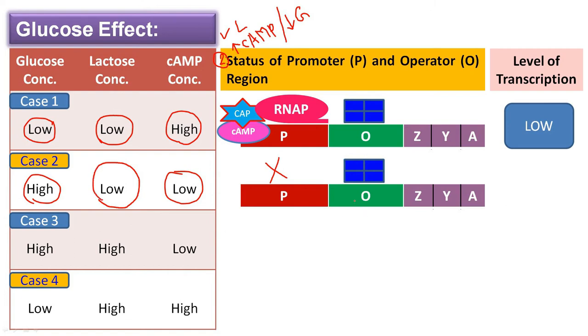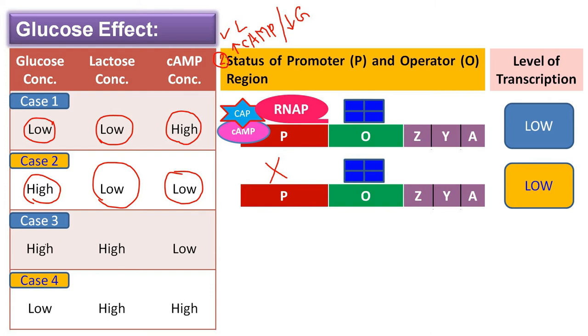Thus the operator site is also blocked by the Lac repressor, as the repressor is not inhibited due to the absence of the inducer lactose. So there will be no transcription at all, or level of transcription is low.